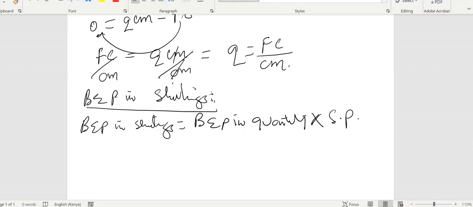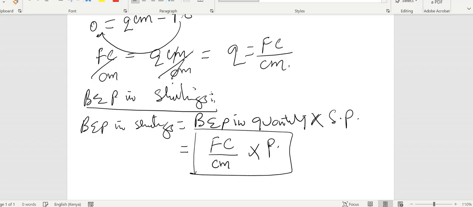So the break-even point in quantity is fixed cost divided by contribution margin, times now the selling price, which is P. That's how you get the break-even point in shillings.